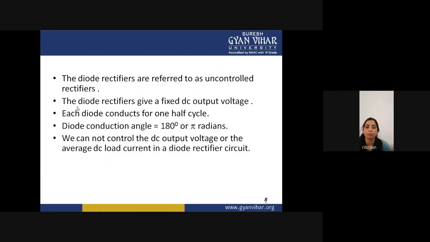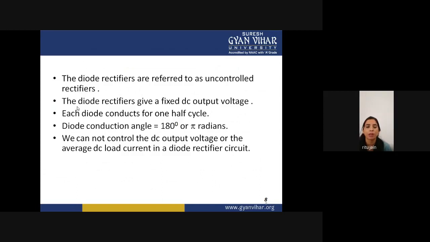Why do we say that a diode conducts only for a half cycle? Because it is unidirectional. The current flows in the diode from the P side to the N side, and the current cannot flow in the opposite direction.